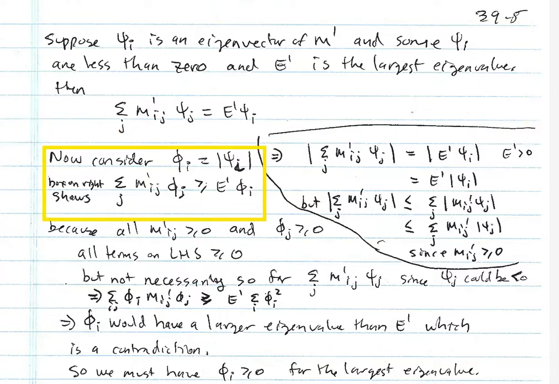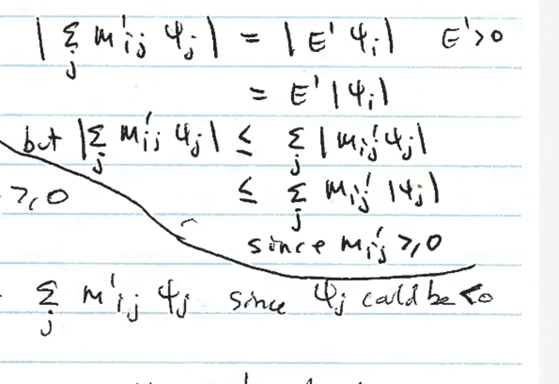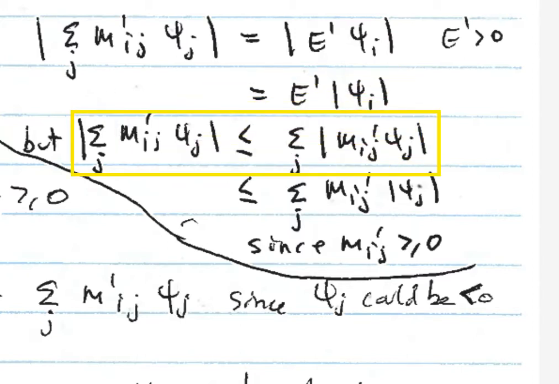We're now going to look at the block on the left. If we look at the absolute value of the sum over j of M prime_ij psi_j, that is equal to the absolute value of E prime times psi_i. E prime must be bigger than 0, and so that's equal to E prime times the absolute value of psi_i. But the absolute value of the sum is less than or equal to the sum of the absolute values.